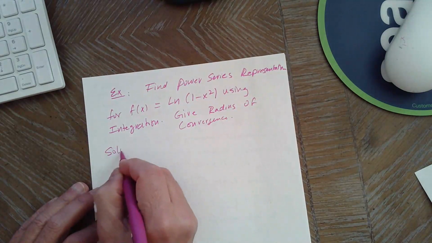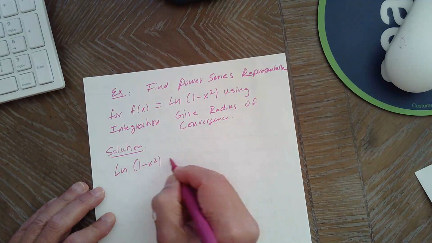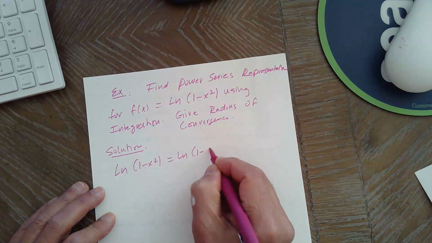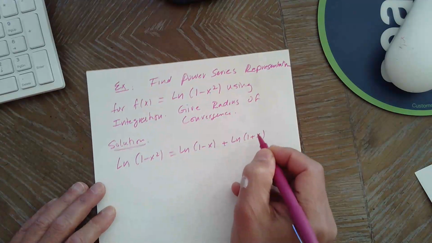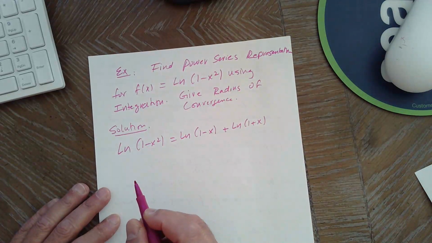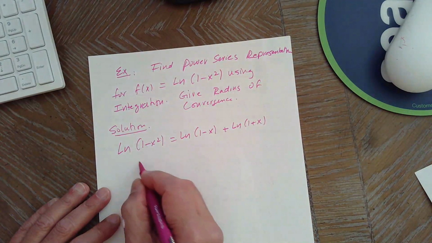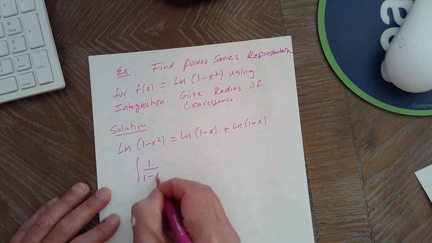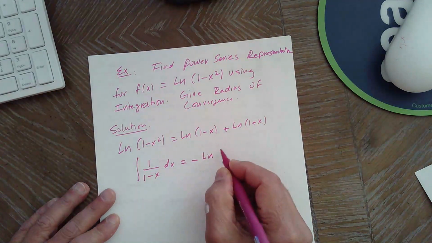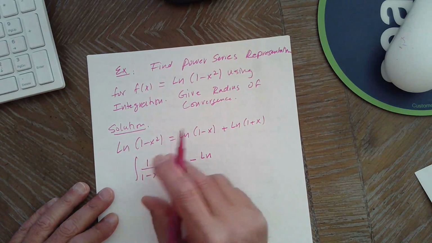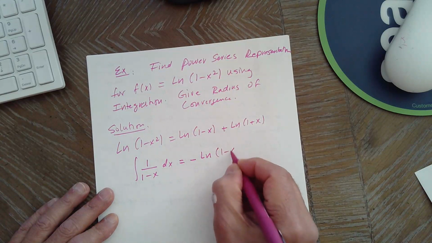Alright, so let's solve this. We know that ln of 1 minus x squared is ln of 1 minus x plus ln of 1 plus x. We also know that the integral of 1 over 1 minus x dx equals negative ln of 1 minus x, if the domain is right, so we don't need absolute value.